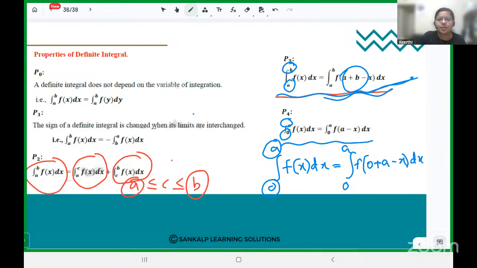What is 0 plus a? A, right? So we can write integral 0 to a f of x dx as integral 0 to a f of a minus x into dx. Okay, so here we'll do a problem related to this property.